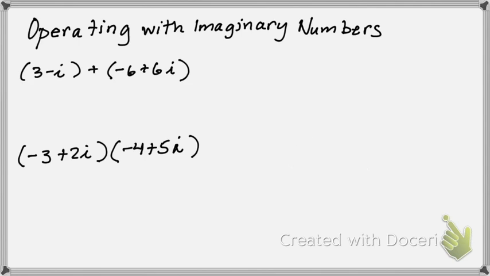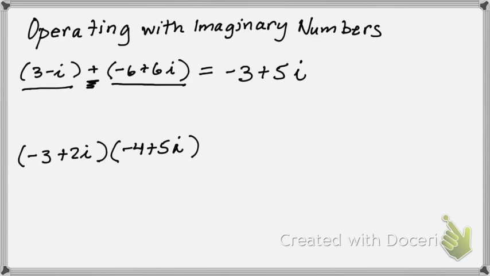So first of all, here we have two imaginary numbers. There's 3 minus i, which is an imaginary number, and -6 plus 6i is an imaginary number. We're looking here at adding them, and it is going to add exactly the way your intuition would tell you, or based upon the experience that you probably have already had with these. 3 plus -6 is -3, and -i plus 6i is equal to 5i.